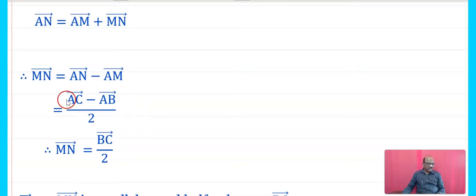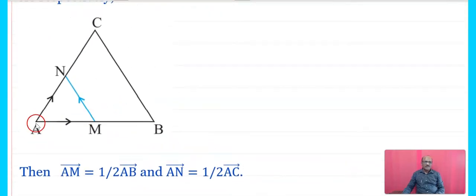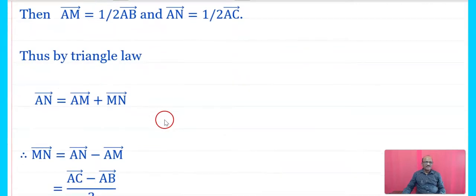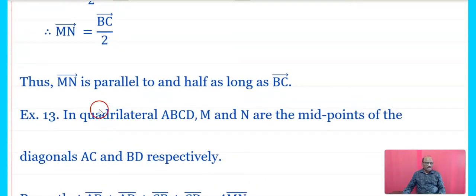Take AC minus AB, and that is the BC. Therefore MN is equal to BC bar upon 2. Thus MN is parallel to and half as long as BC.